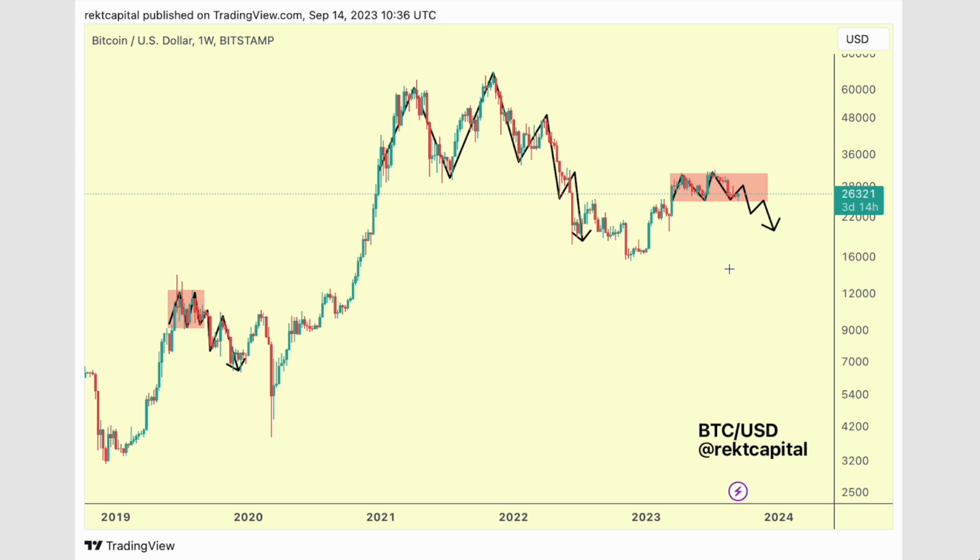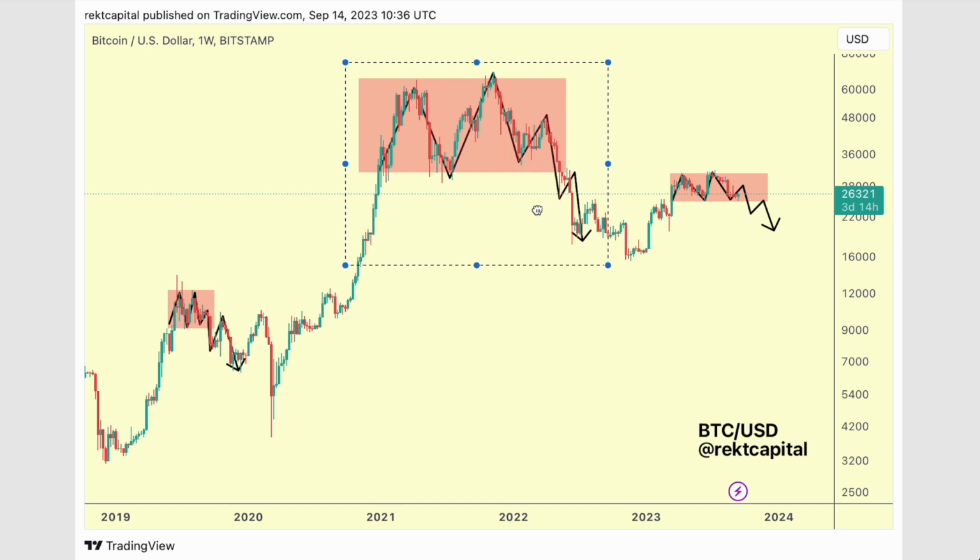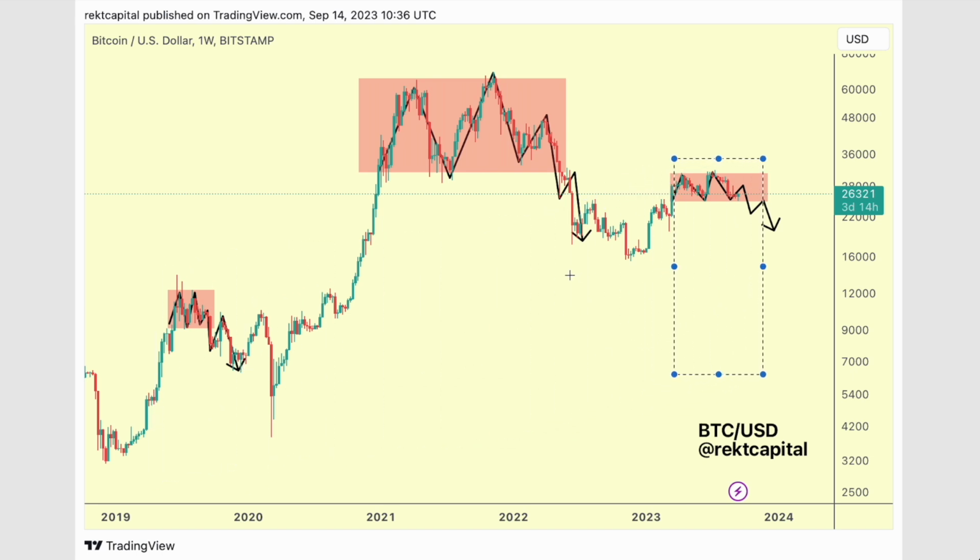But we've also seen this fractal take place in 2021, and of course this was the bull market peaking area, and these are pre-halving years. 2019 and 2023 are pre-halving years, and this is actually the post-halving period. So market cycle wise, very different, but these patterns are still very similar.